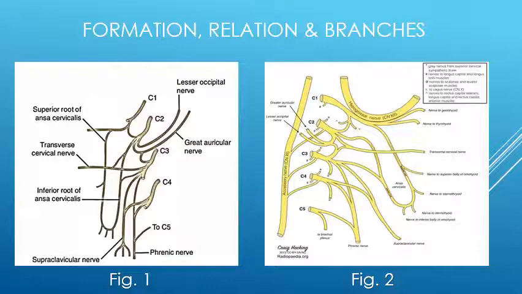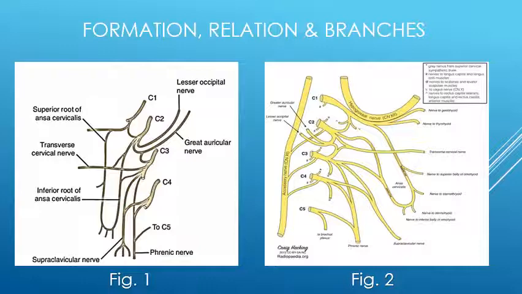Then we come to the relations. The important relations: posteriorly lie muscles like levator scapulae and scalenus medius, while anteriorly are the prevertebral fascia, sternocleidomastoid and the internal jugular vein. Sternocleidomastoid is the important relation, on which it gives many branches.